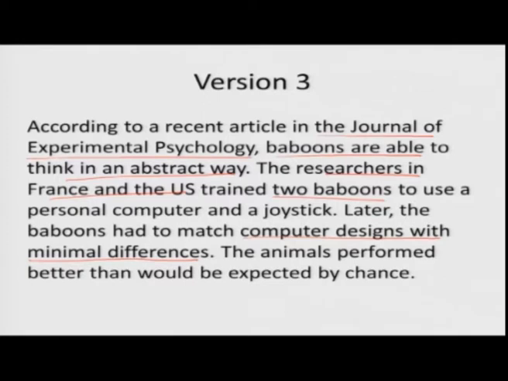Then the animals performed better than would be expected by chance. So, this version includes most of the important details and remains closest to the essence of the original text.